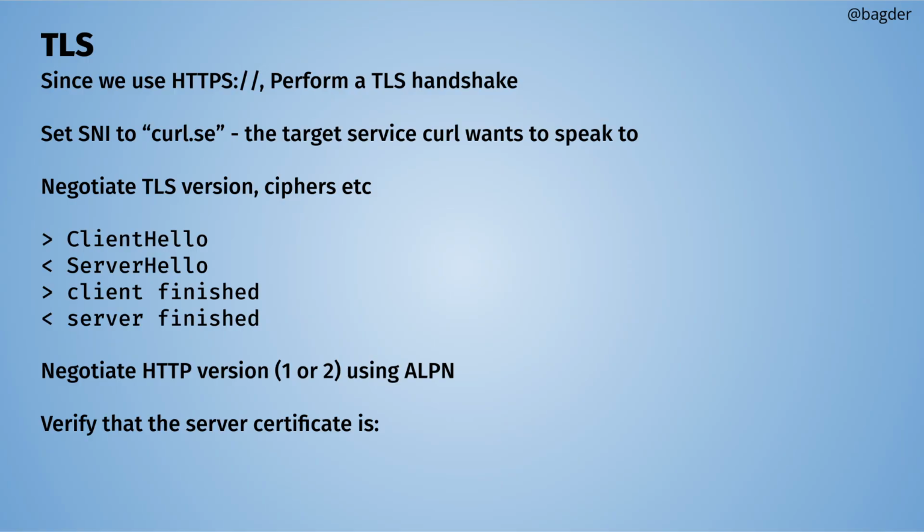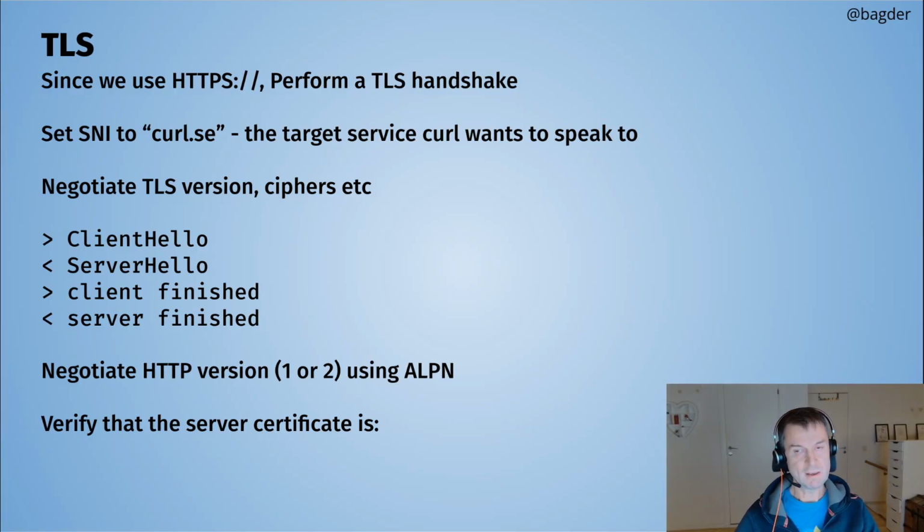So we get a certificate, and the certificate from the server is a signed blob from a certificate authority that is signed by someone that we trust, because it contains a list of which names this certificate might be used for. So we verify that the certificate we get back from the server is a trusted one.